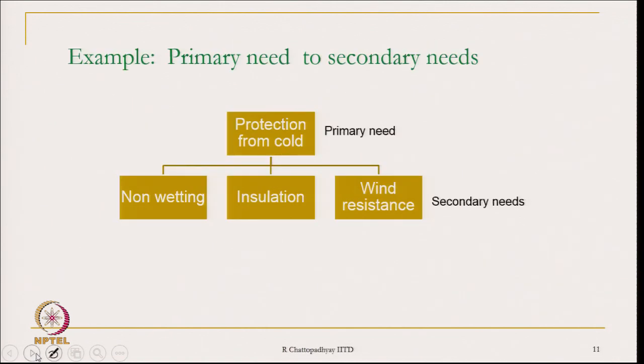And then as an example, a primary need is protection from cold. That is the primary need of a customer, let us say for a winter jacket. The secondary needs would then include non-wetting. If the jacket is wet, the insulation value goes down and therefore heat will be conducted very fast.